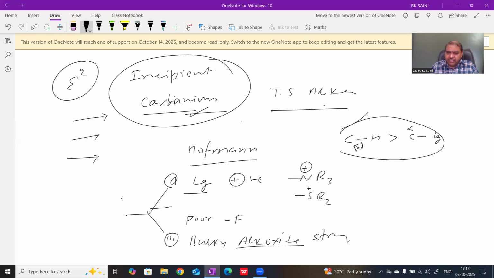Therefore, the transition state carries incipient carbanion character, and the major product is the Hofmann alkene.